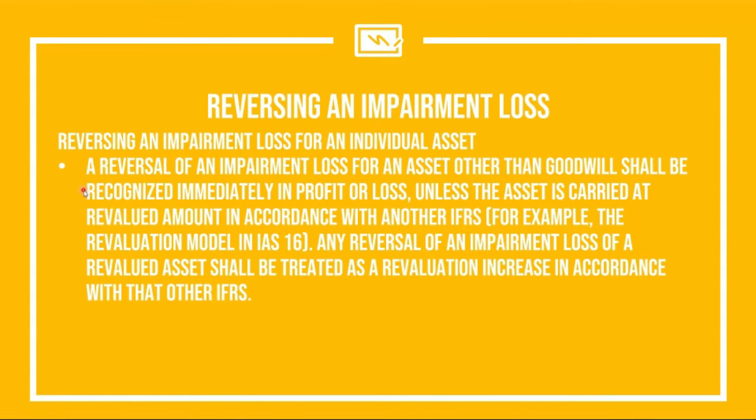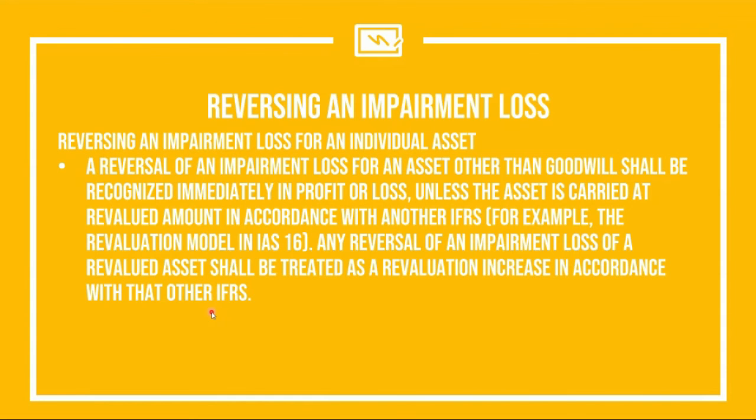Okay? A reversal of an impairment loss for an asset other than goodwill shall be recognized immediately in profit or loss unless the asset is carried at a revalued amount in accordance with other PFRSs such as IAS 16. Any reversal of an impairment loss of a revalued asset shall be treated as a revaluation increase in accordance with that other IFRS.